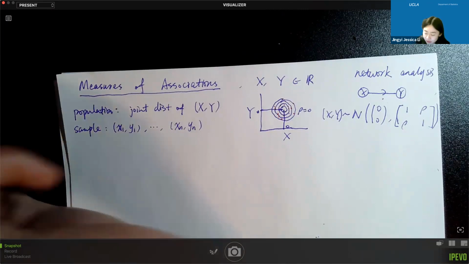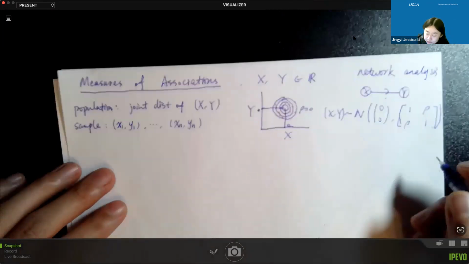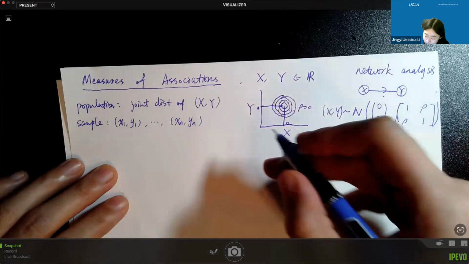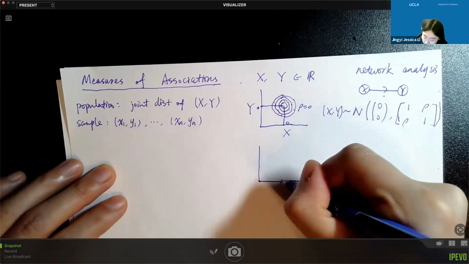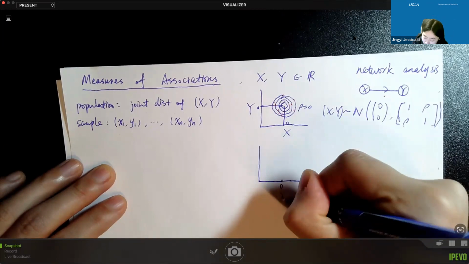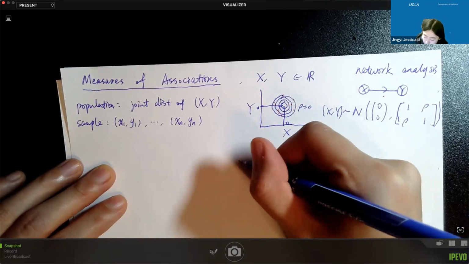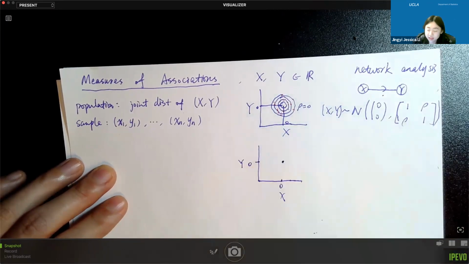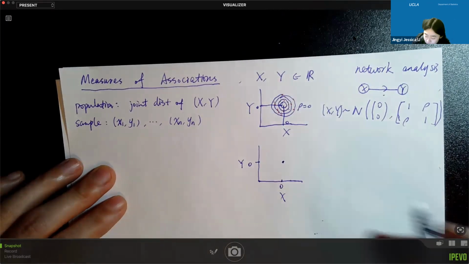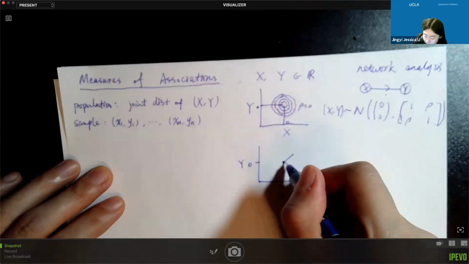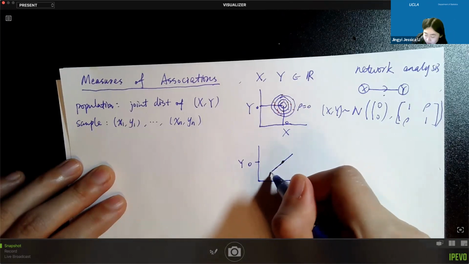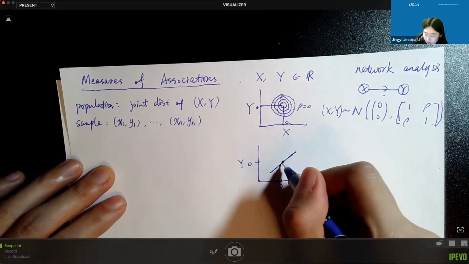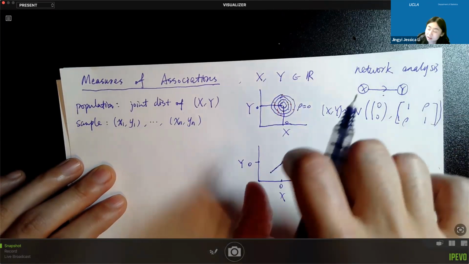And if you have a rho that is very close to 1, you are going to have this. So let's say that you have rho equals exactly 1. Then the distribution would just be on a line. You see, it's still the center is like here, and you're going to have less and less density as you go away, but you will lie perfectly on a line.